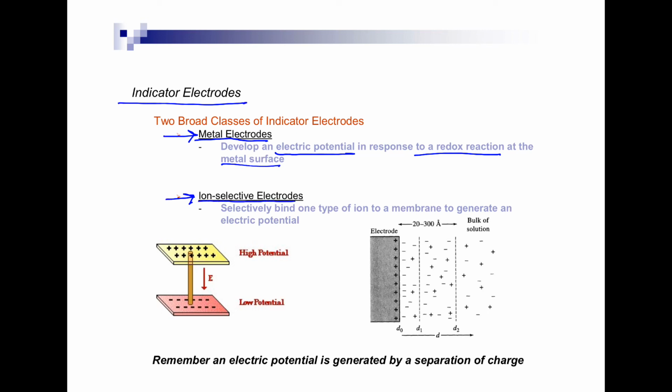Ion selective electrodes develop an electric potential due to a separation of charge because one type of ion is going to be bound to a membrane, and that's going to cause a separation of charge. And that will cause an electric potential to happen.